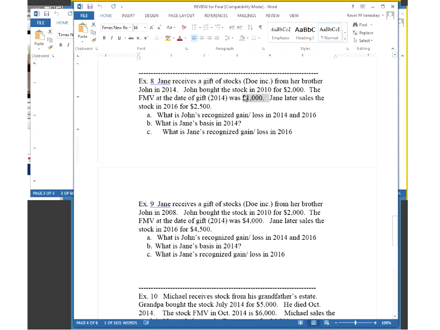However, she gets to use this unused loss that her brother could not use, and so she has a final recognized gain of $500. You could say that her basis was $2,000, and you wouldn't have been wrong. And then knowing that she sold for $2,500, you still have the same $500 recognized gain. That's the important part.